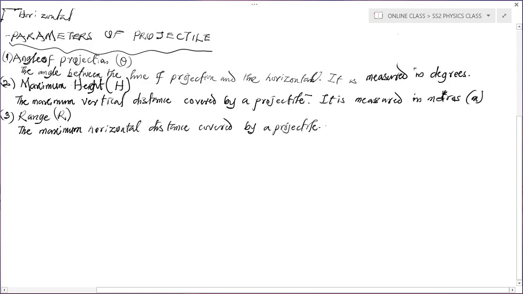It is measured in what? Measured in meters. M.